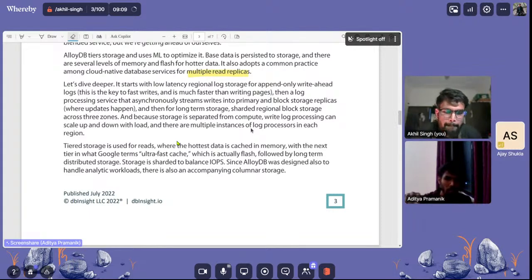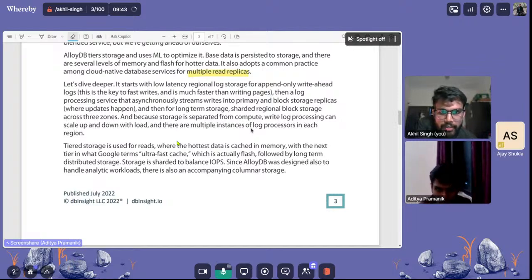So whatever writes we are doing to the leader database, that WAL is handled by a distributed system which we can assume is highly available and writes in real time, and later those WALs are replayed across all the follower nodes so that the data is made consistent over all the nodes.